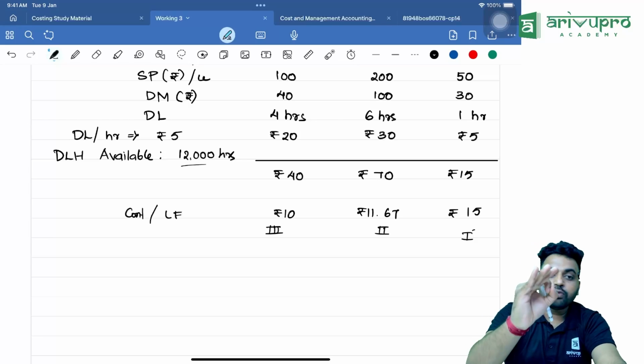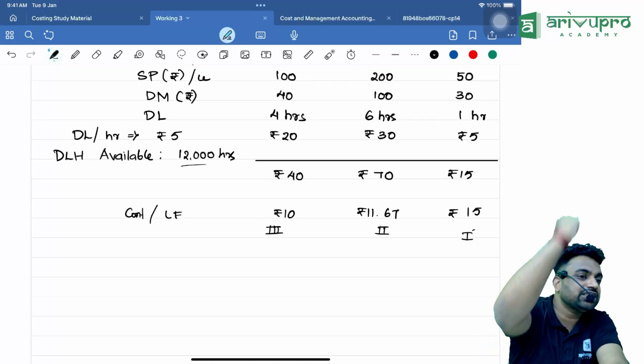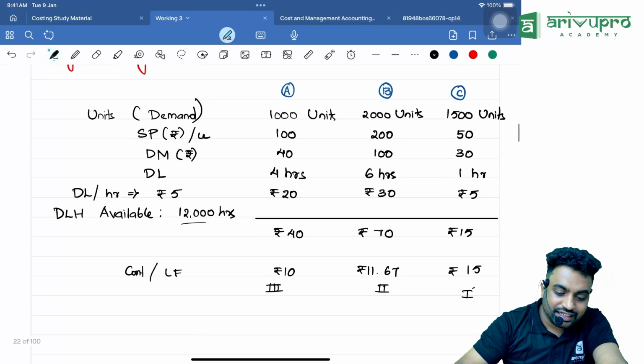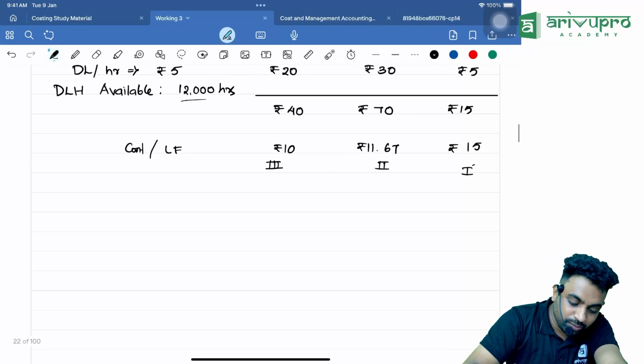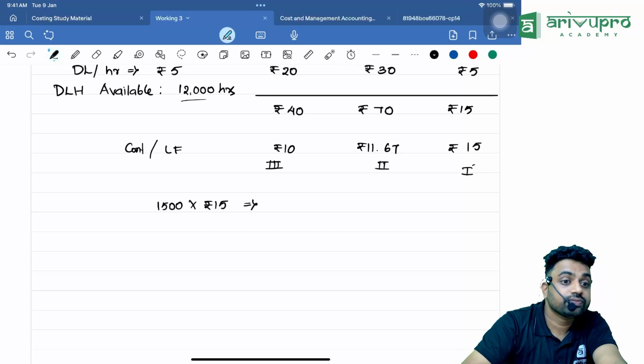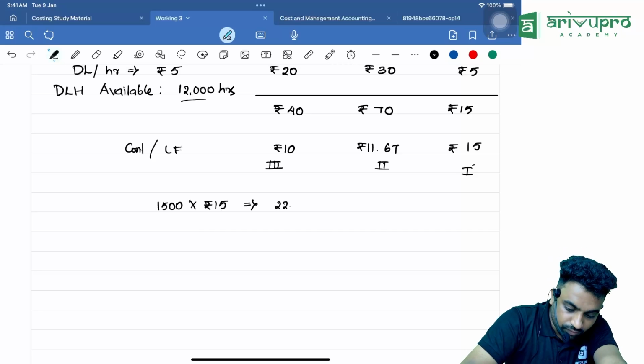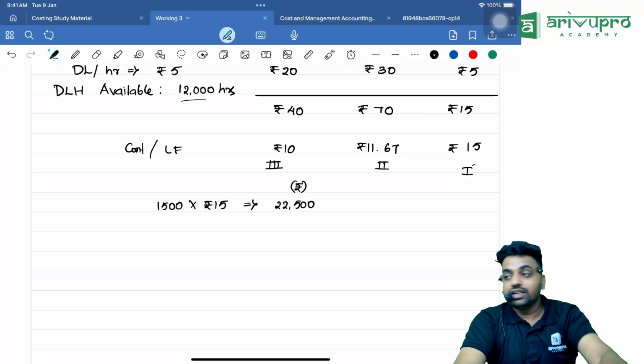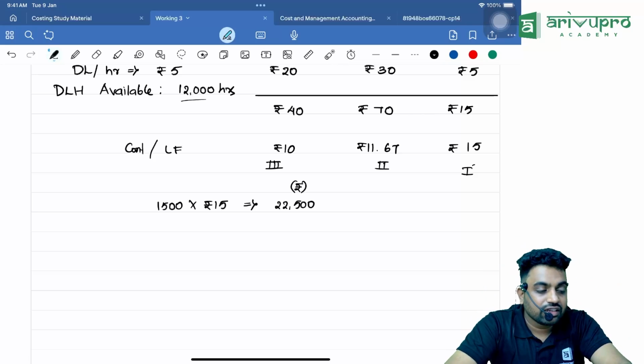Now I will produce C to the maximum extent possible. Here it is 1,500 units. So C will contribute me 1,500 into 15, rupees 22,500.